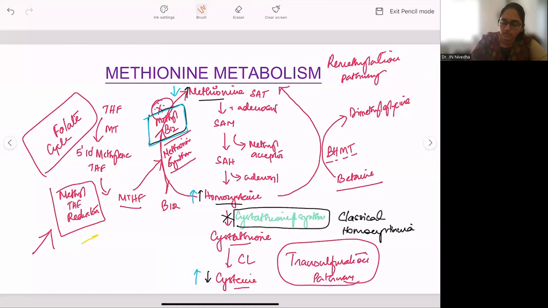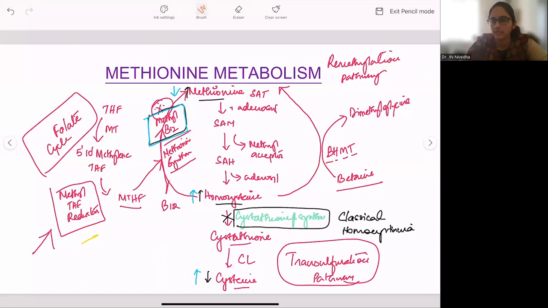So what are the three main causes which I told you? One is deficiency of cystathionine beta synthase. Second is B12 deficiency. Third is methyl tetrahydrofolate reductase deficiency. The classical form is cystathionine beta synthase deficiency; non-classical forms are the other two.